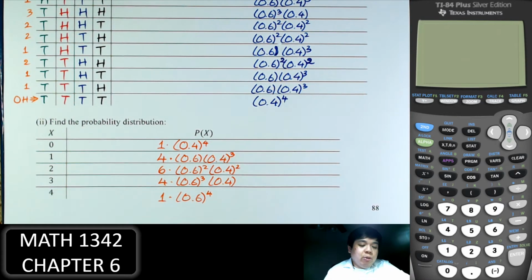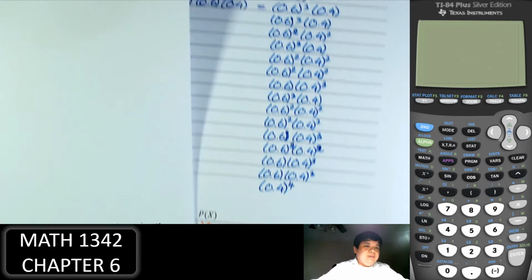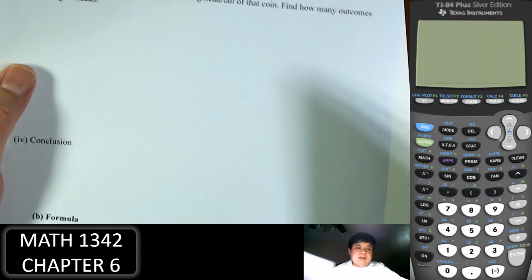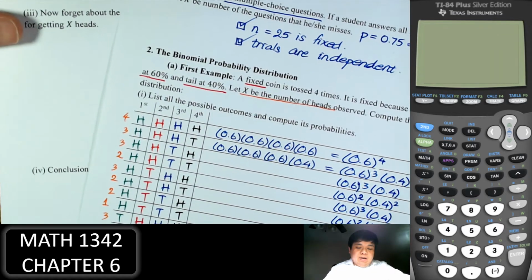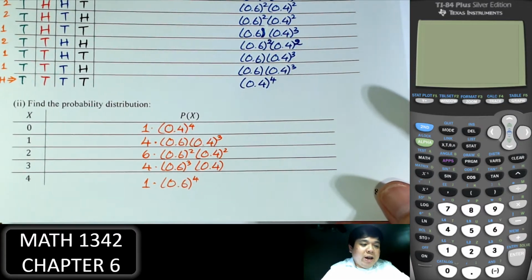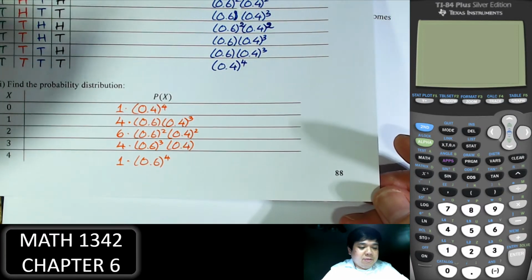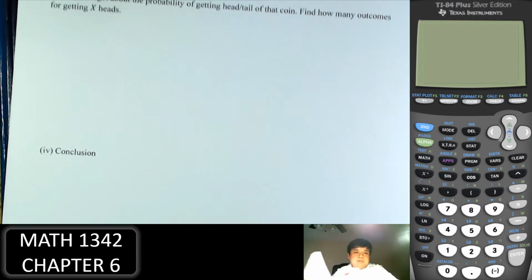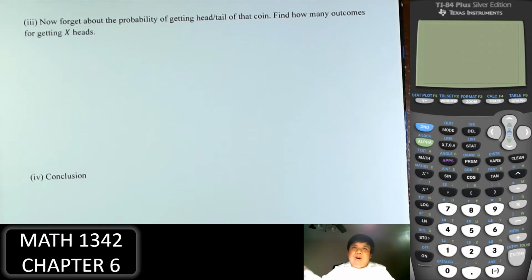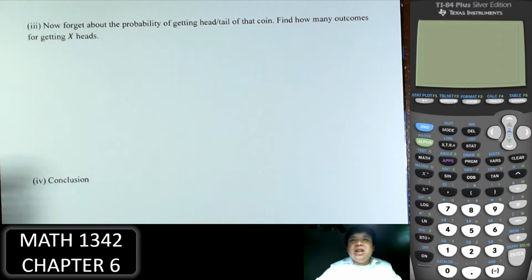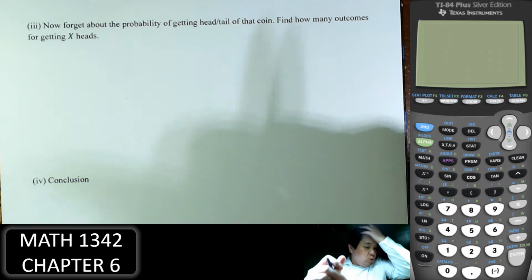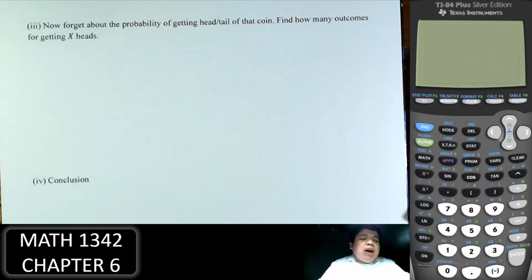Of course, from here we can find the numbers, but that's not really important. We will come up with the formula in a little bit, but right now just intuition. Now forget about the probability of getting a head or tail on that coin.